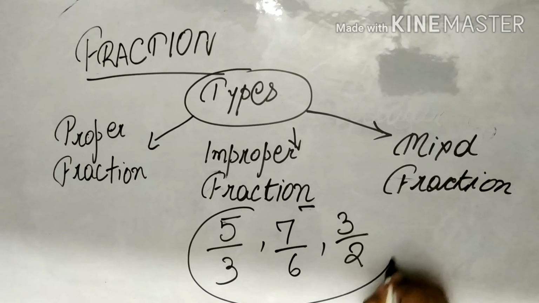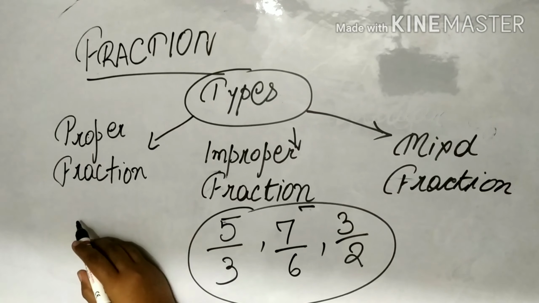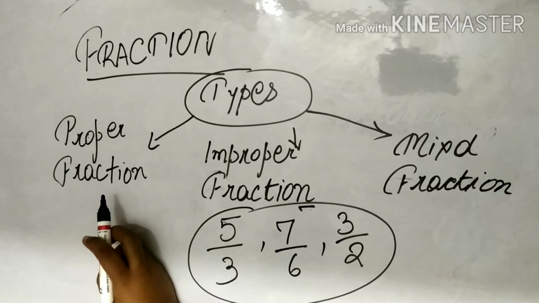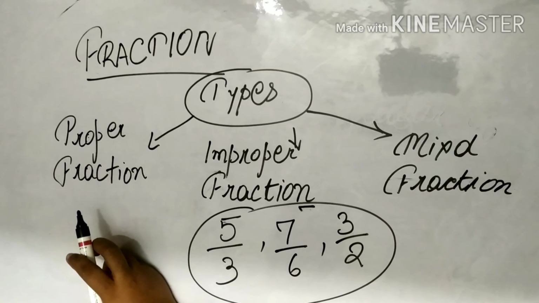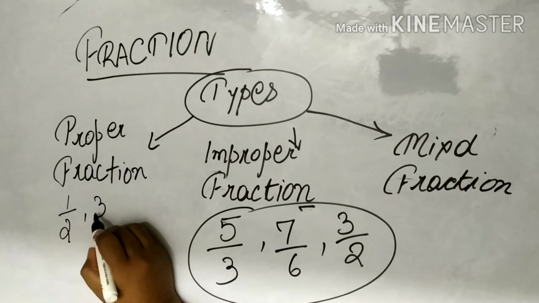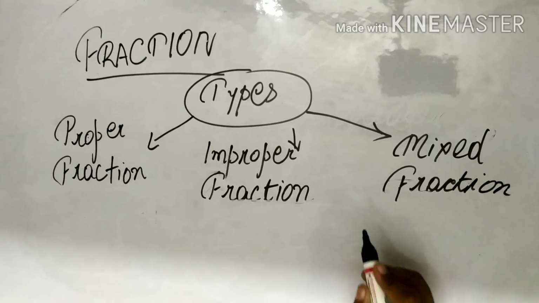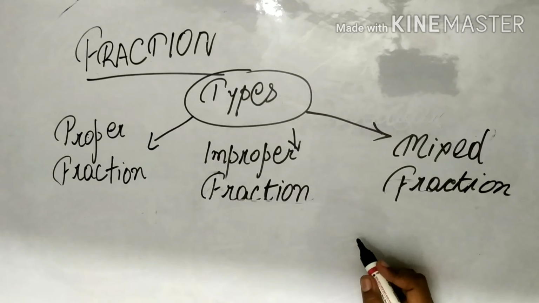All these are improper fractions because the numerator is greater than the denominator. While on the other side, in proper fractions, the numerator is always less than the denominator, like 1 by 2, 3 by 4.